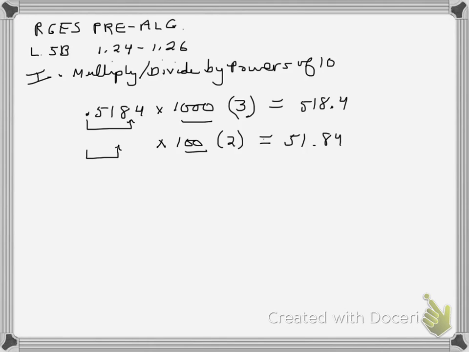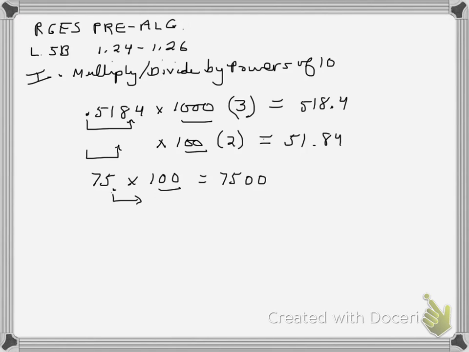If you have no decimal at all to begin with, let's say I want 75 times 100. 75 is the same as 75 point, so with a whole number you would just place the decimal, and then again you would move it over 2 more places, adding in the zeros.